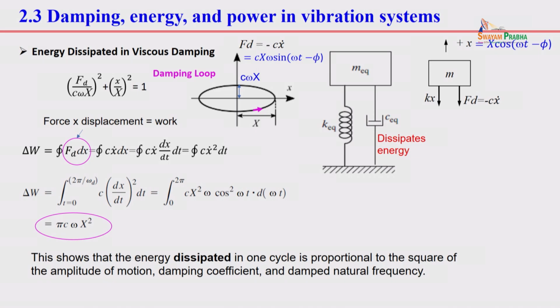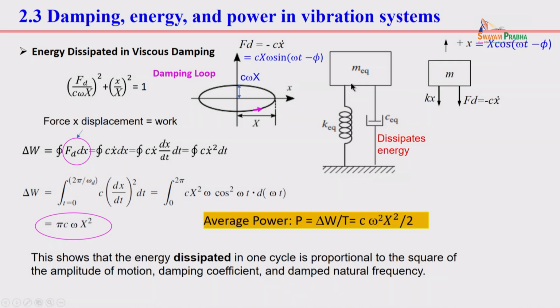Let me ask a second year student. Looking at this equation, we want to take more energy out, so we get a larger C. Larger C means a larger damper. Is it true or not? Not true. The reason is, with a larger damper, the vibration amplitude becomes smaller, right?